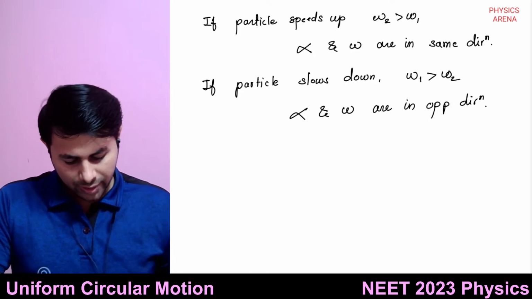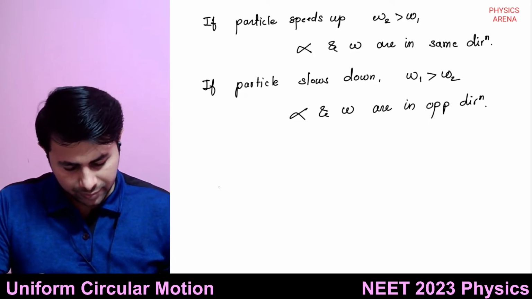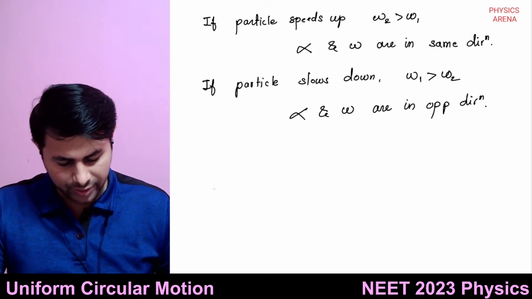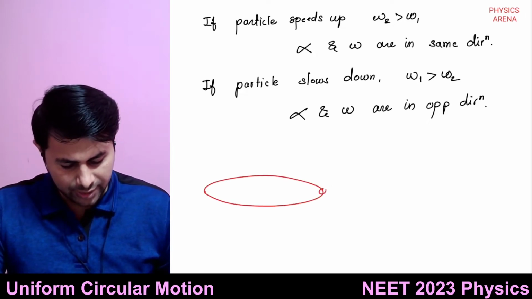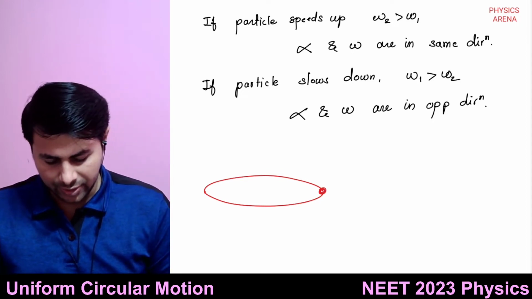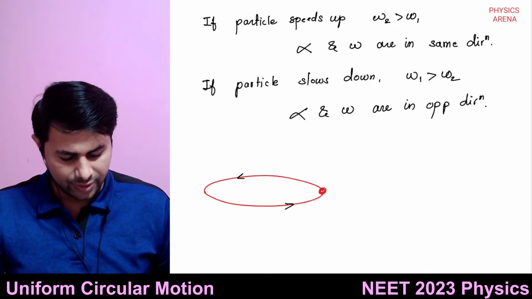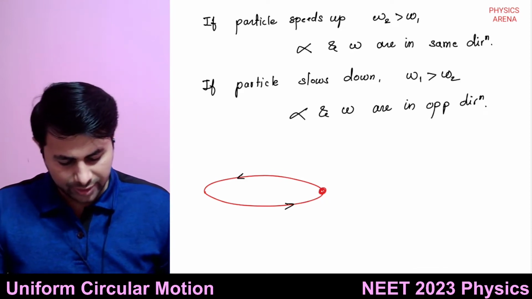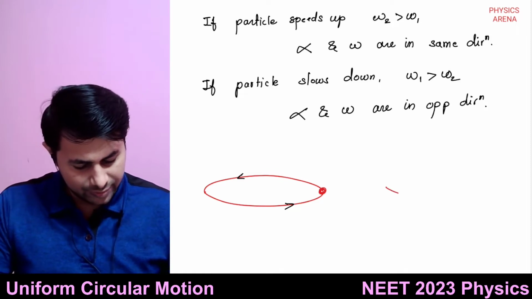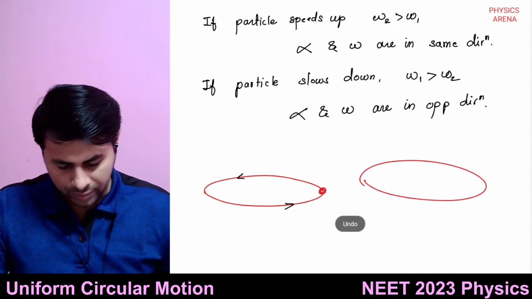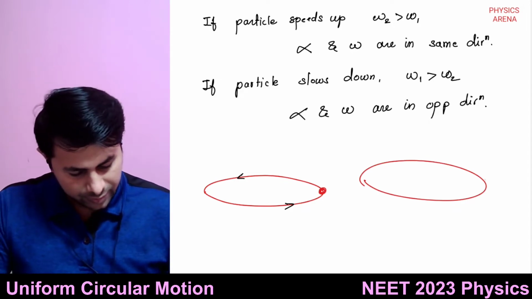Now let's suppose an object is moving in this circle, which is a horizontal circle, in the anti-clockwise sense. Tell me what will be the direction of its angular velocity, for this object as well as this object.